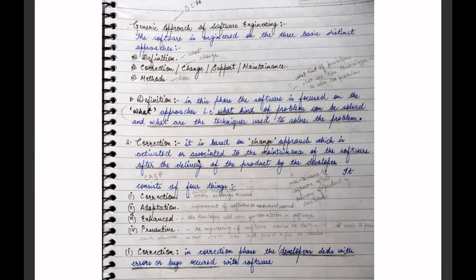Planning of the project: what are the methods, what are the things, how the steps are going on, the overall steps. And for the analysis of the system and planning of the project, what are the requirements and how the requirements are gathered from the user.